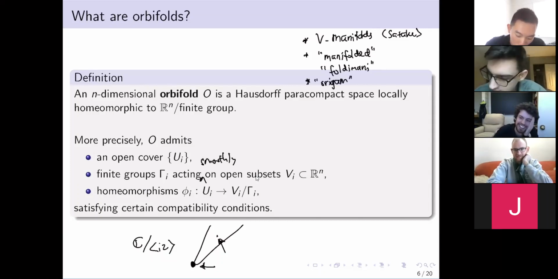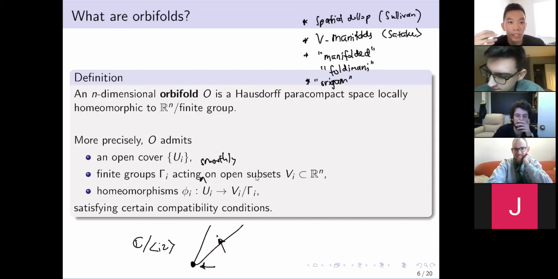And then one of our faculty members at Stony Brook, Dennis Sullivan, suggested spatial dollop. This is Dennis. Although in the end, somebody suggested orbifold, which stands for orbit manifold, I guess. And people seem to like it, and they stuck with that.